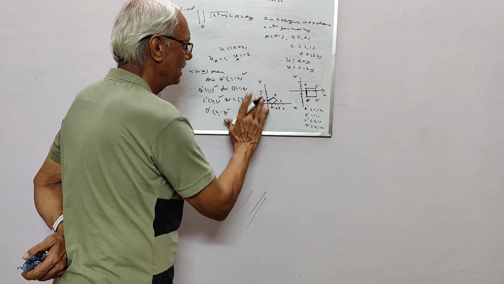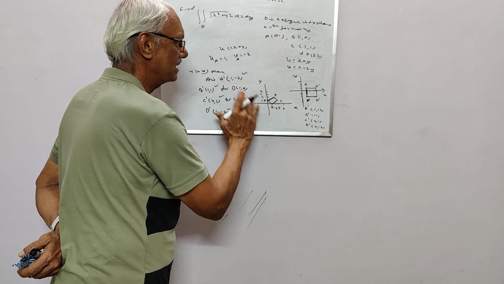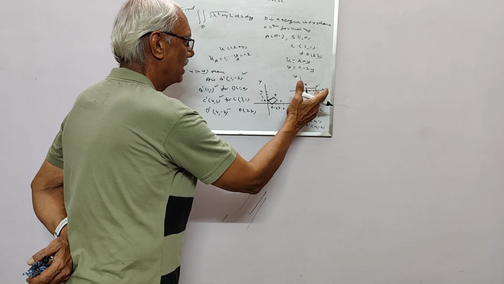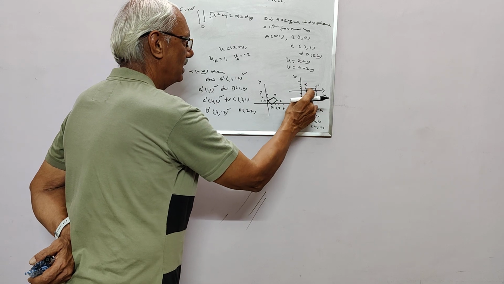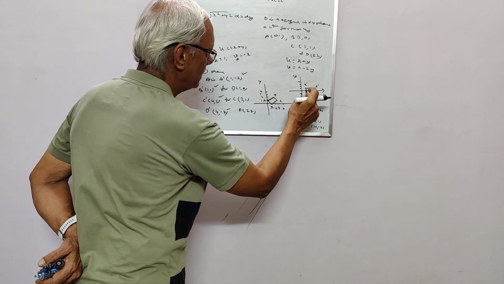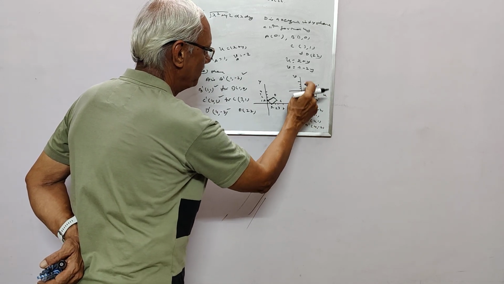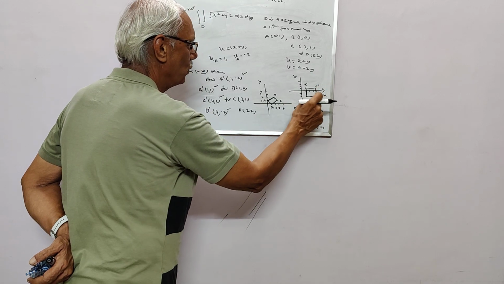So this xy plane parallelogram has transformed into a square, that is, it is transformed to a dash, b dash, c dash in the uv plane.